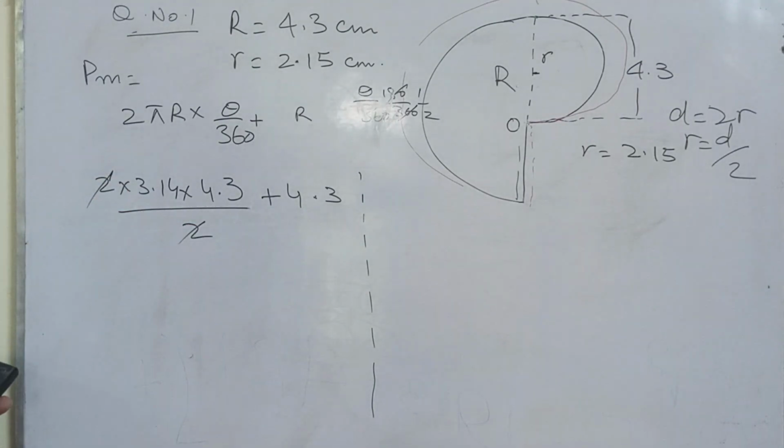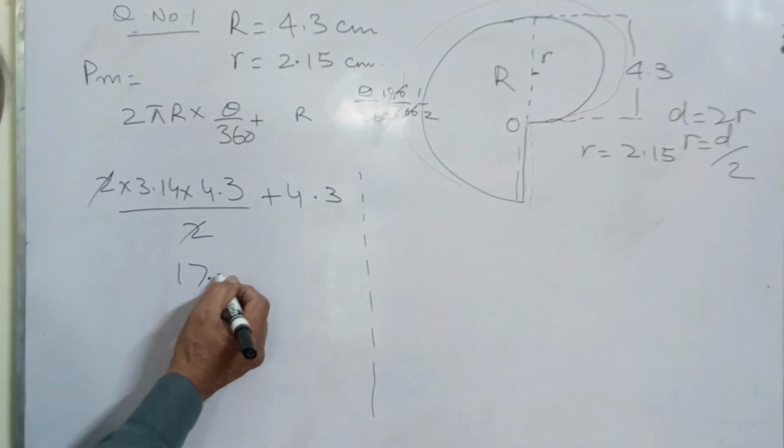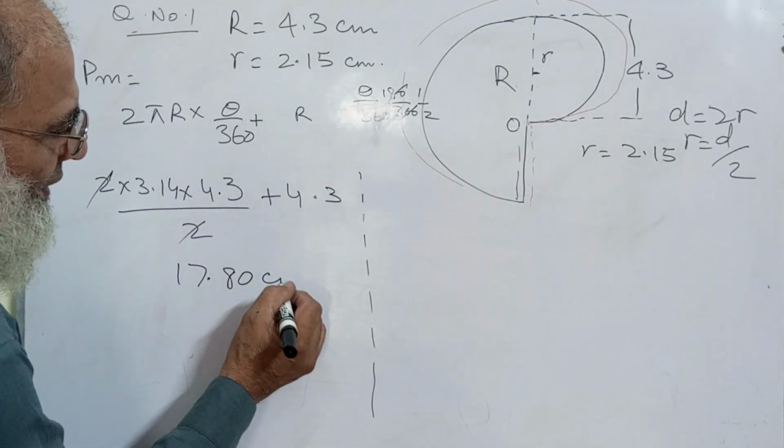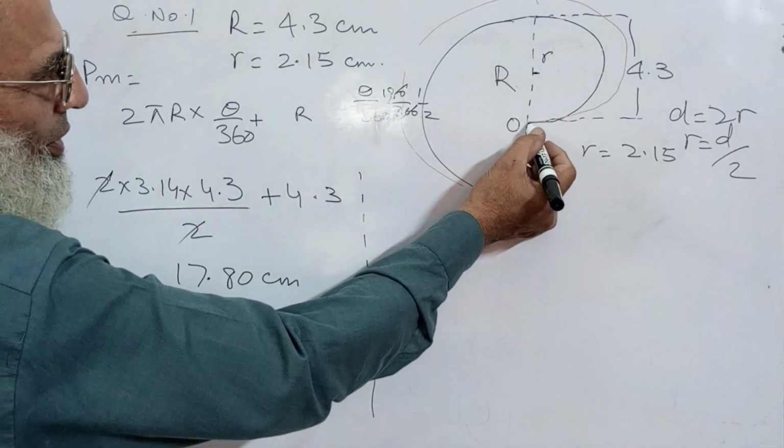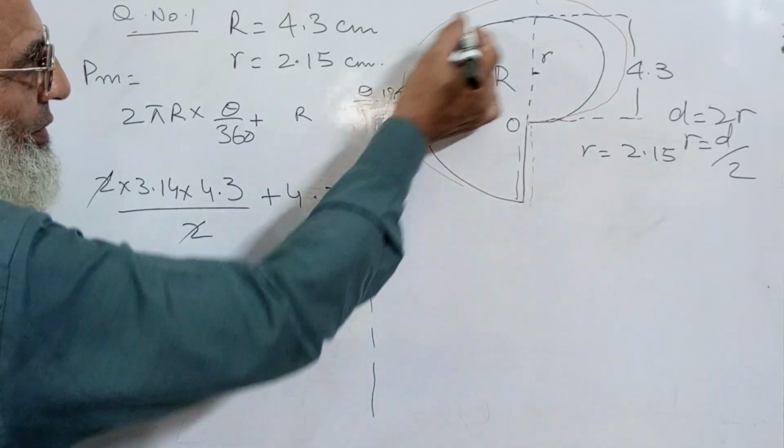So it will become 3.14 multiplied by 4.3 equals 13.5 plus 4.3 equals 17.80 centimeters. Now this is the portion I am telling you again and again, from here to here.